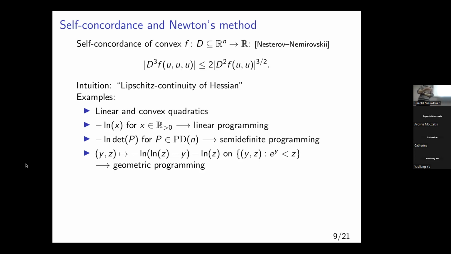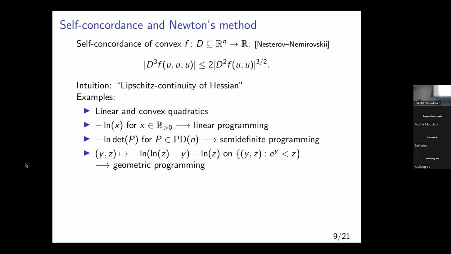The second derivative is 1 over x squared. If I raise 1 over x squared to the power of 3/2, I get 1 over x cubed. So for minus log, the left-hand side is 2 over x cubed, and the right-hand side is also 2 over x cubed. This is not a coincidence.